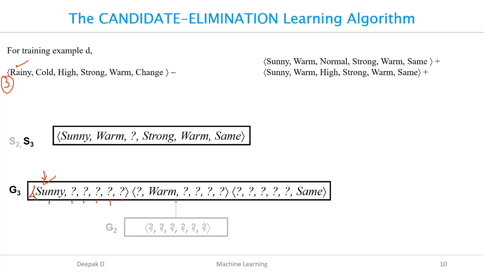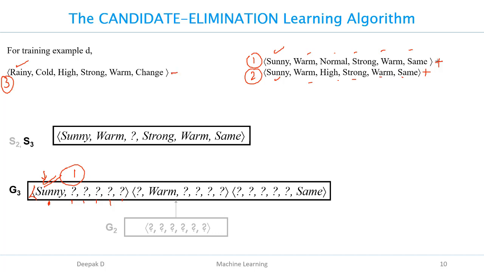So this hypothesis will classify your third instance negative as negative. And you also have to check that the remaining 2 instances are classified positive as positive. So you have sunny here, and sunny here, and for the remaining, any value is acceptable, so you can go with this hypothesis. So this hypothesis is acceptable.